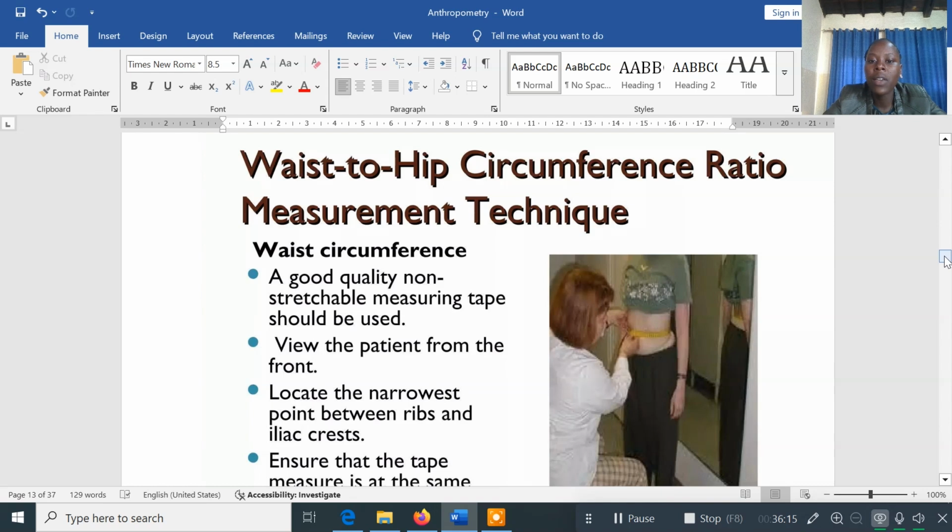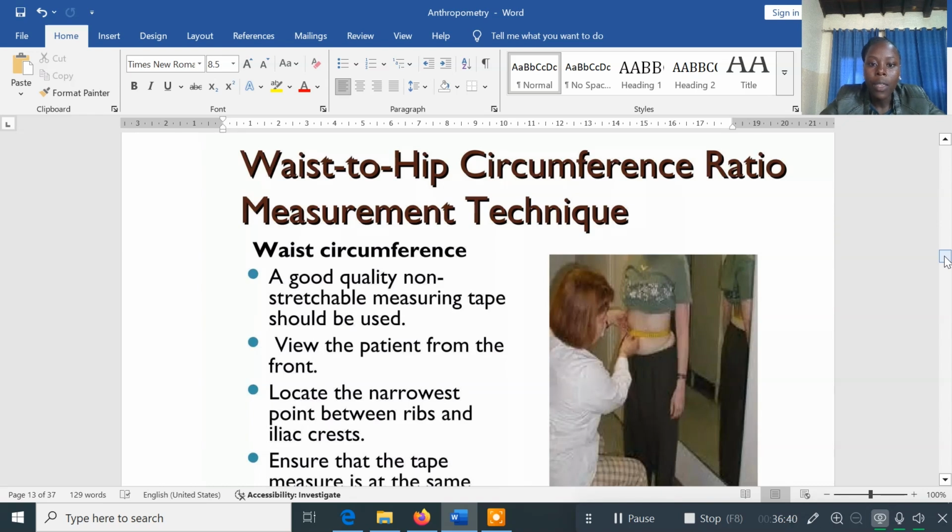That measuring tape should be non-stretchable, because I want to get the actual circumference of an individual's waist or hip. So you should be using a non-stretchable measuring tape.